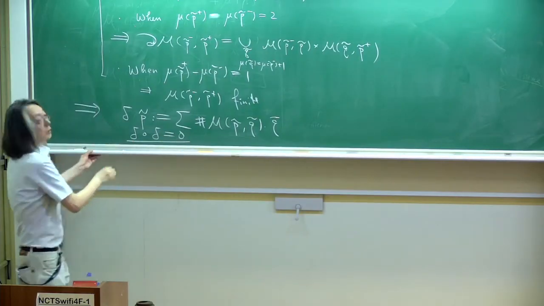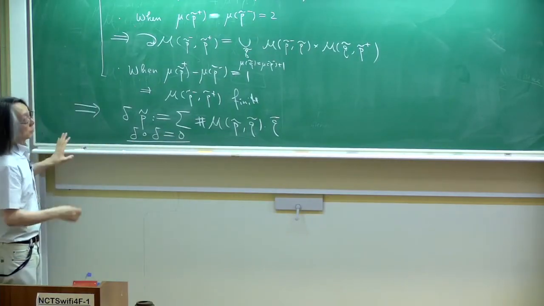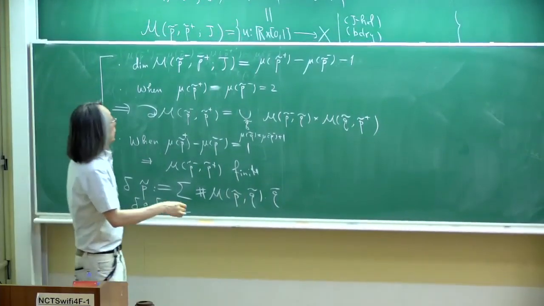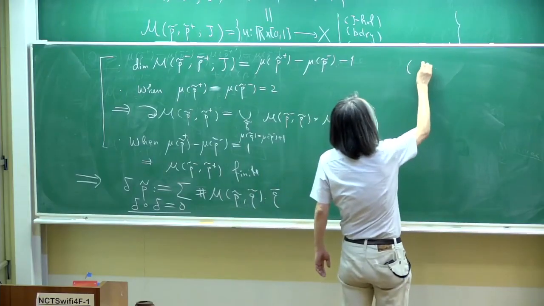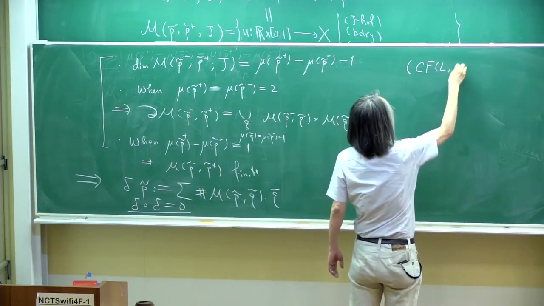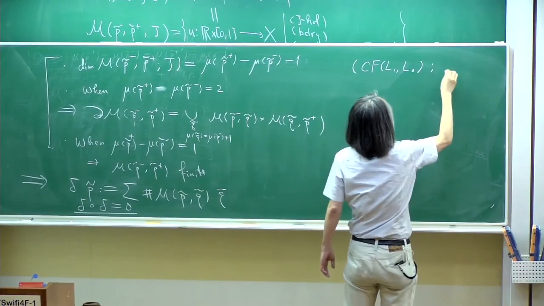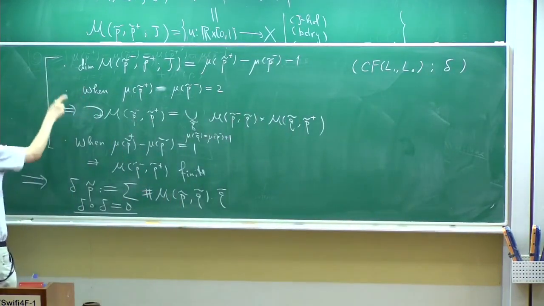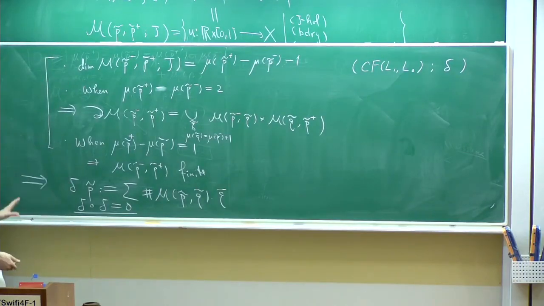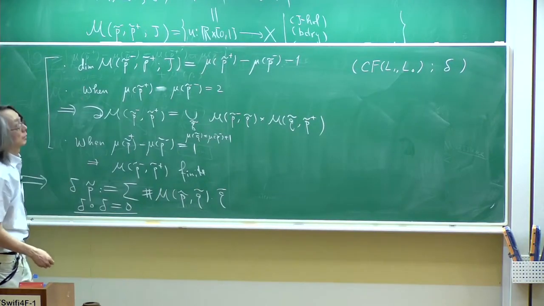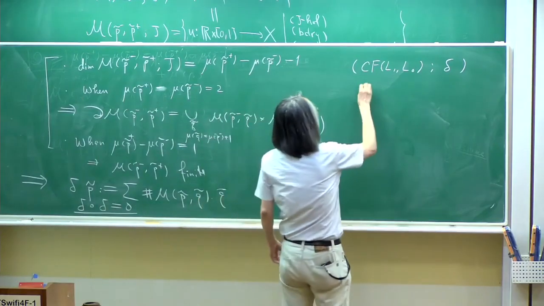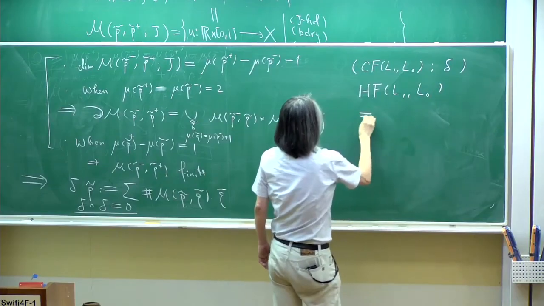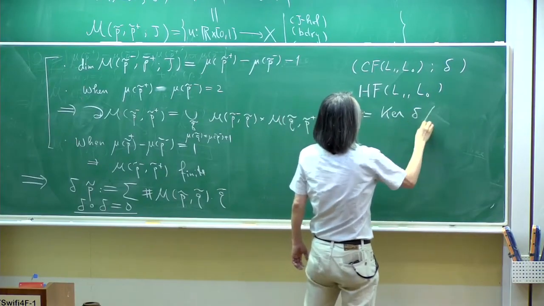Namely, we get a boundary operator of a certain cochain complex, right? So we get this CF(L1, L0) and also this delta. Certainly, this is not always the case, but if you have this, then you have this. And then we define this Floer cohomology just by the kernel of delta over the image of delta.